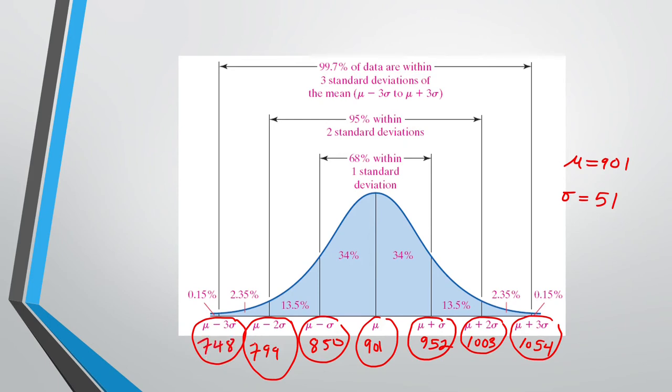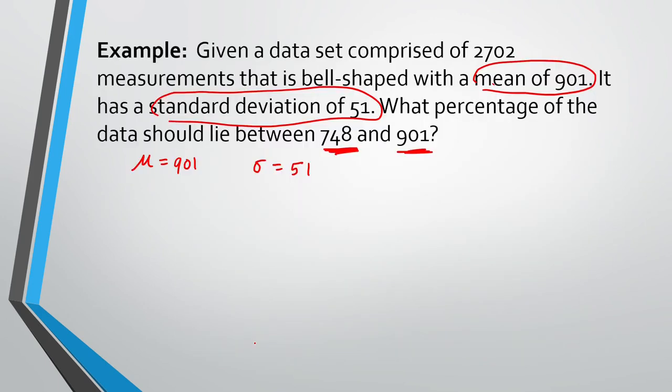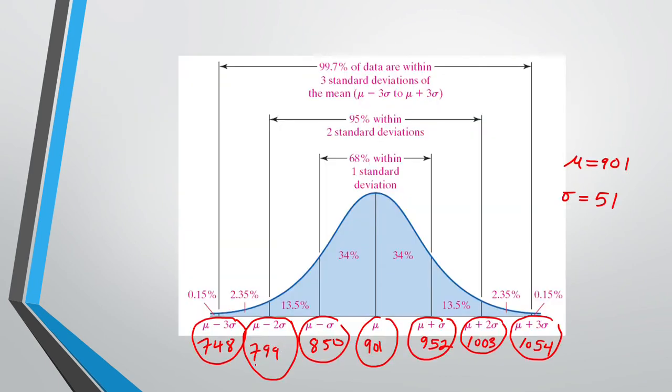Now we can answer the question. What percentage of data should lie between 748 and 901? If you look at our numbers, this is 748 and this is 901. So I can add the areas between here and between here.